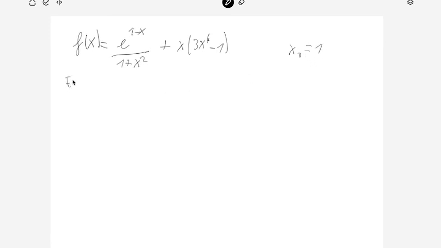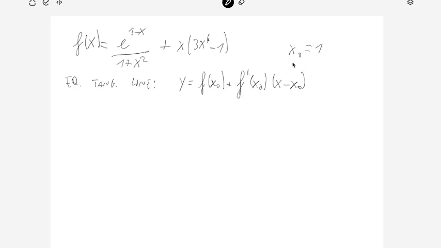So the equation of the tangent line is the following one. So it is y equal f of x0 plus the derivative at x0 times x minus x0.